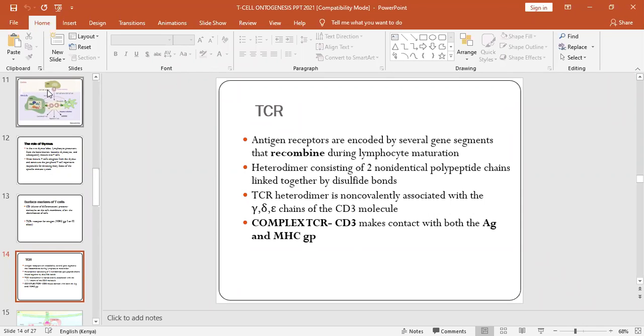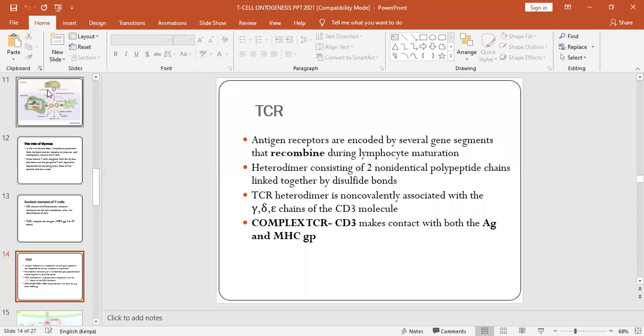Okay. Now, this T cell receptor is a heterodimer, which is non-covalently associated with the gamma, delta, and epsilon chains of the CD3 molecule. I said the CD3 molecule is shared among the T cells. So in a T cell, you will have this CD3 molecule.